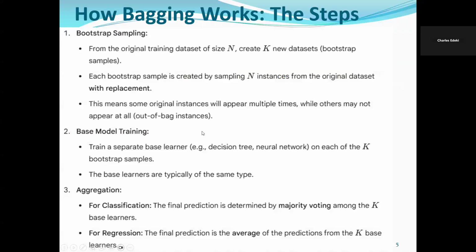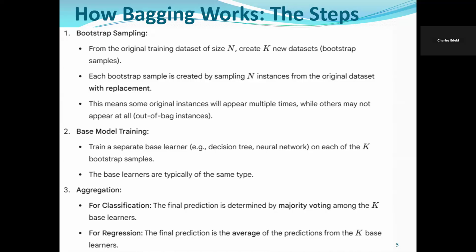Okay, so how bagging works, we are going to follow the steps here. First, bootstrap sampling. As we said, the concept of bootstrap means you take a sample with replacement. Because of that, there will be some records in the training set that are not going to be used at all. So that's the whole concept.